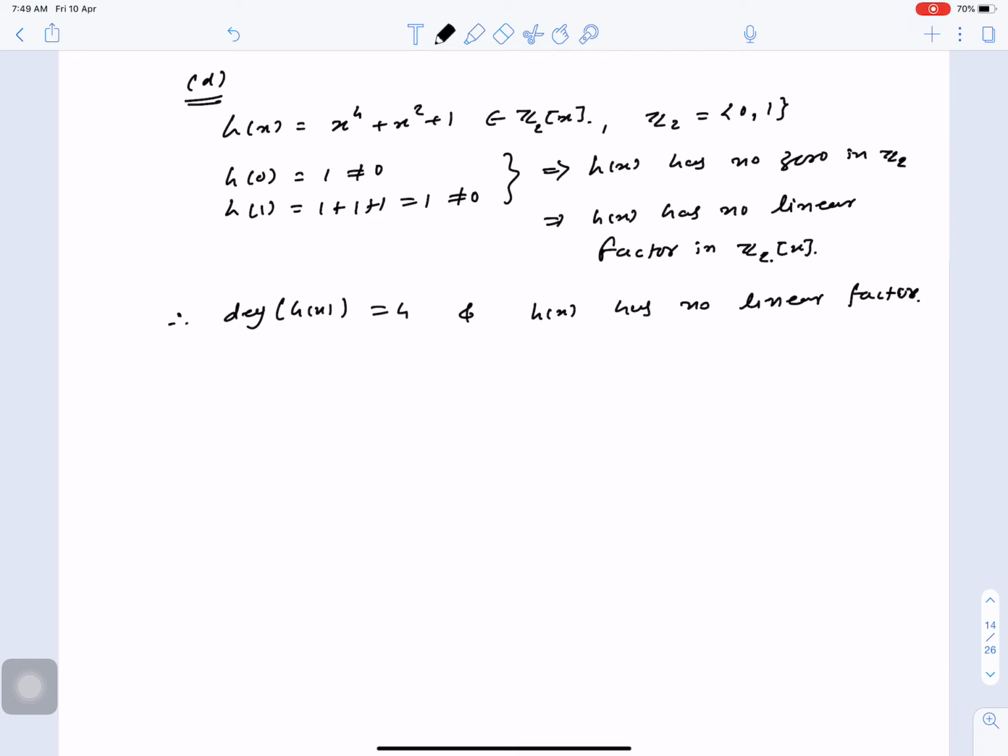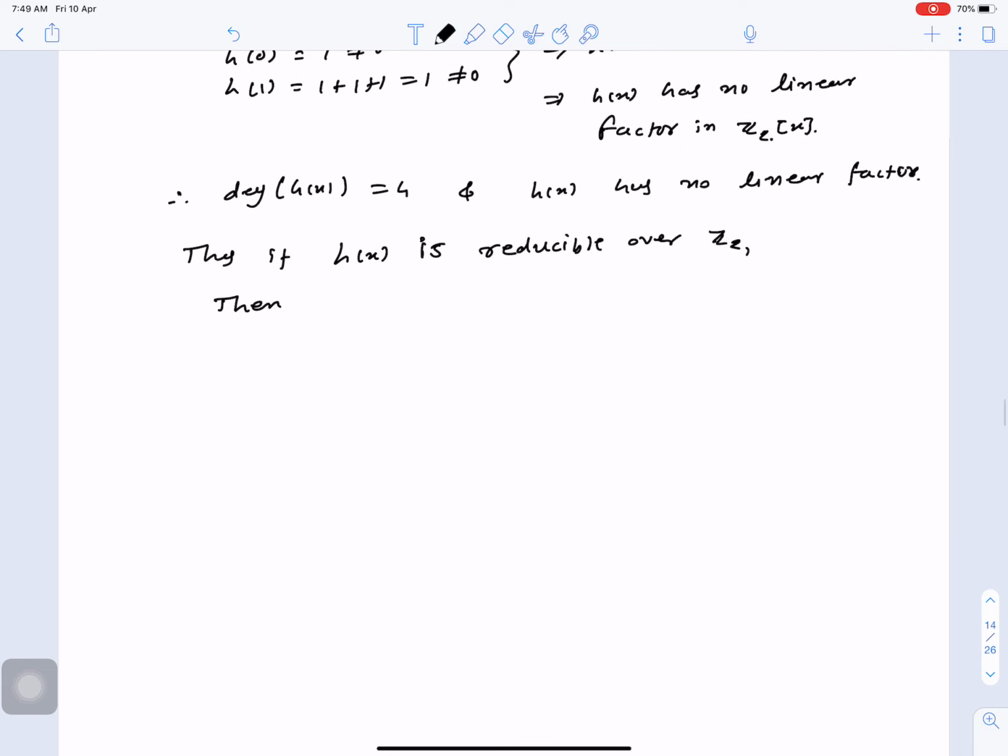So thus if h(x) is reducible over Z2, then h(x) must be product of two irreducible quadratic polynomials.